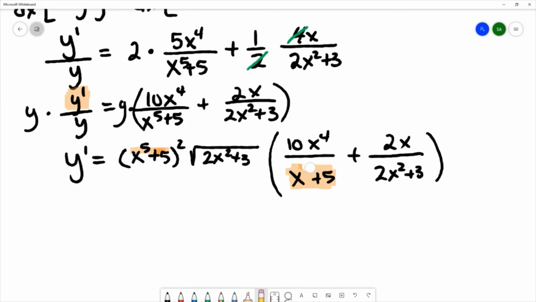That should be x to the 5th plus 5. So we have a factor of x to the 5th plus 5 and a factor of x to the 5th plus 5 here. So if I'm able to do a little algebra simplification, I may be able to combine some of these factors together. You can see a similar thing here. We have a factor of 2x squared plus 3, and inside the radical we have a factor of 2x squared plus 3.